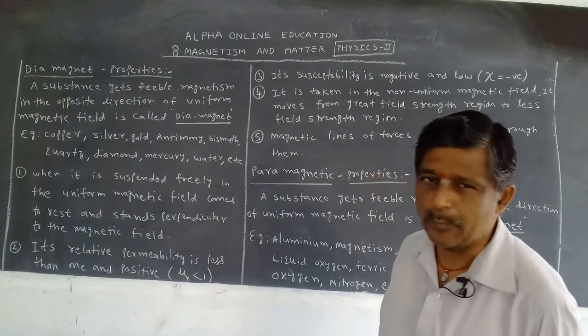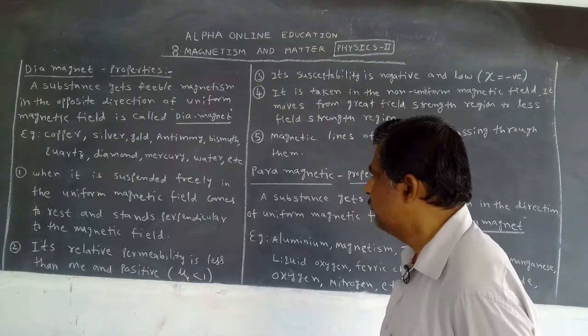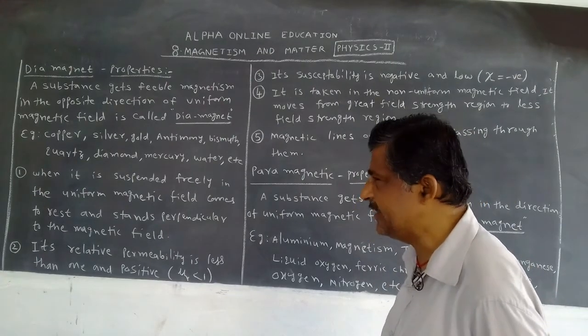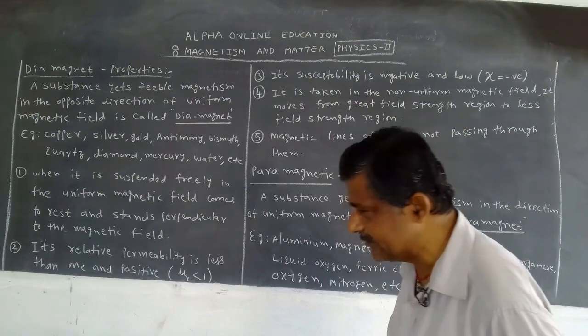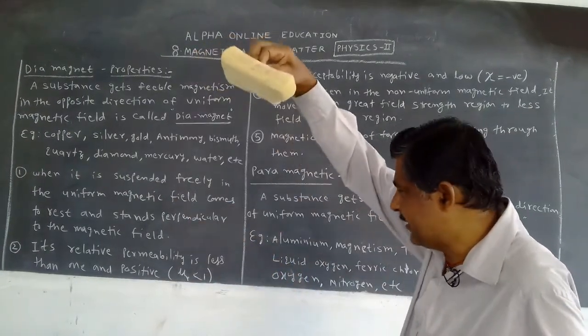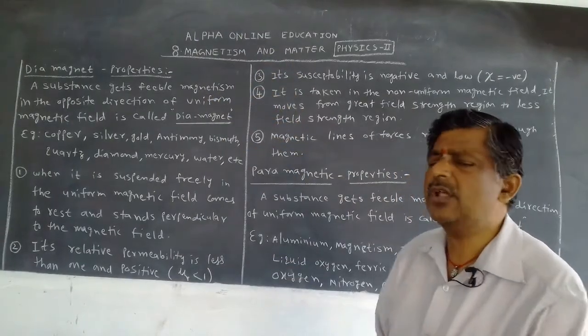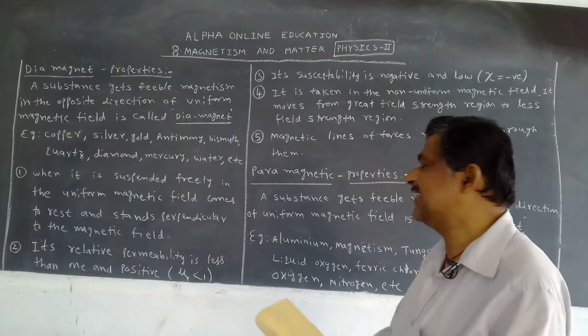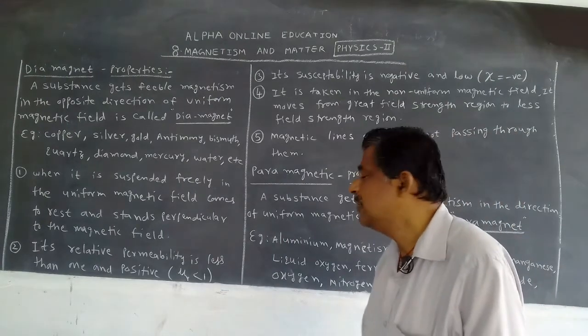Now, what are the properties? When the diamagnet is suspended freely in the uniform magnetic field, it comes to rest and stands perpendicular to the direction of the magnetic field.